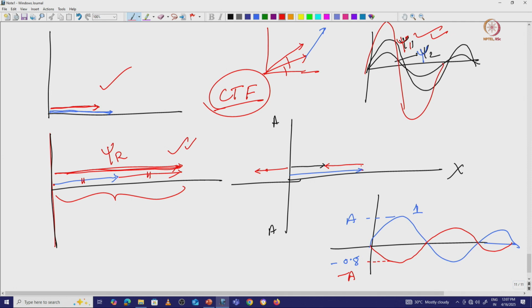This blue wave amplitude is much bigger, and on the other hand the red wave amplitude is much lesser, it is minus 0.08, right.